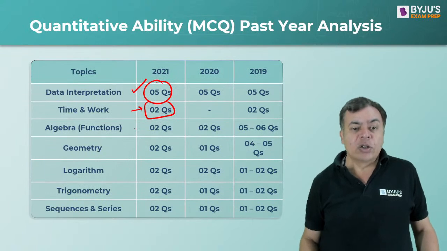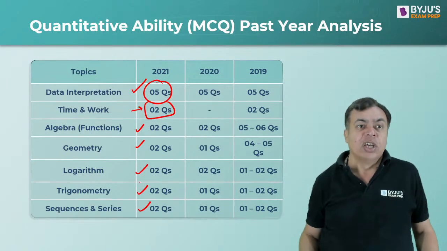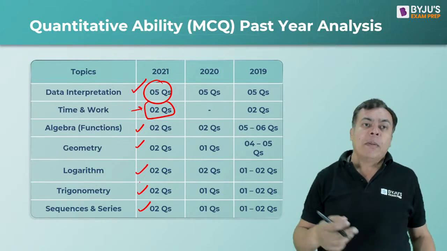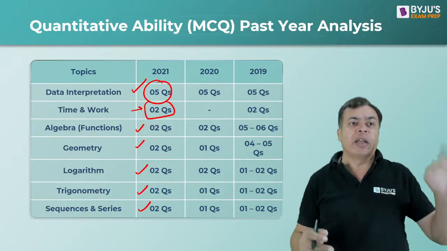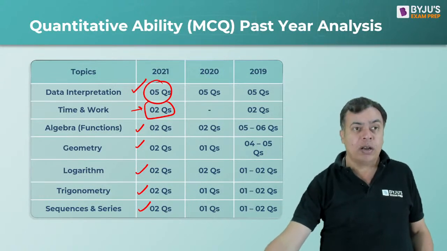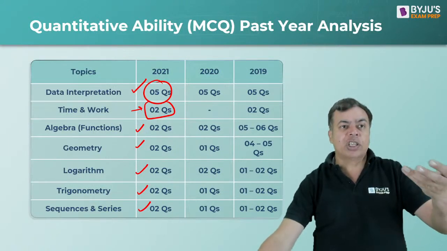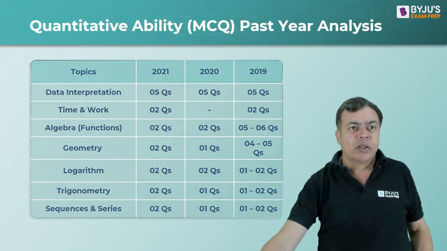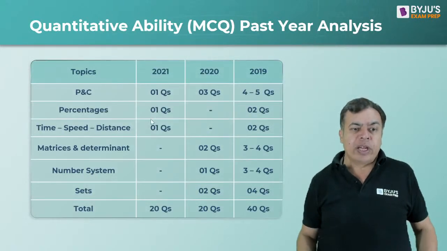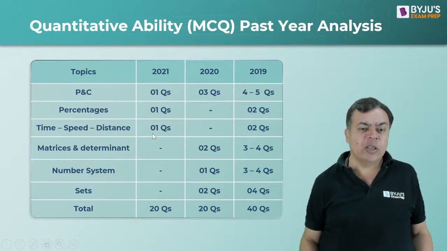Here they are asking questions on algebra, geometry, logarithm, trigonometry, sequence and series. If you can somehow manage algebra, that would be great. In algebra there will be n number of questions, because I consider logarithm, sequence and series, functions all part of algebra. Then you can see here PNC one question, percentage one question, time and speed one.